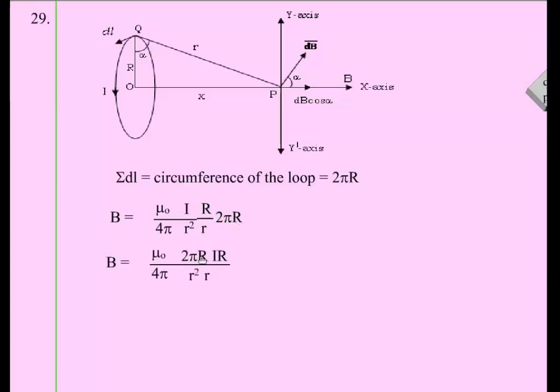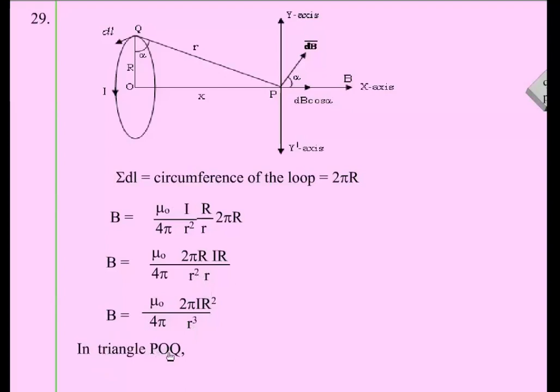So it comes 2 pi R I R. Look here, 2 pi R I into R. Here we have taken r square. Okay, like this, mu naught by 4 pi, 2 pi I R square, r into r square, r cube.